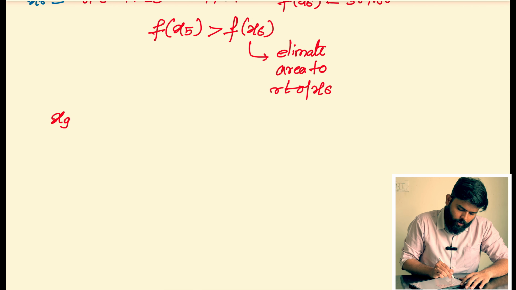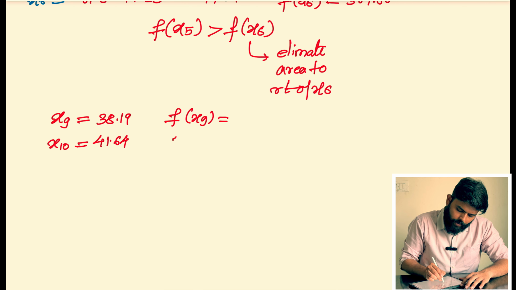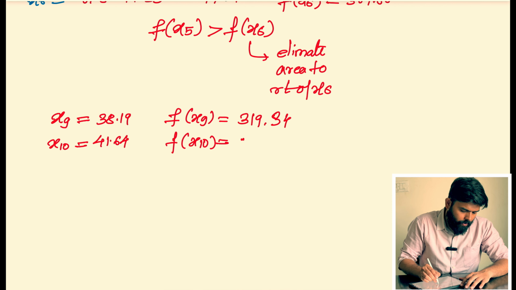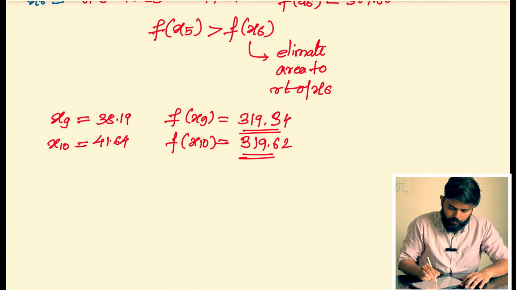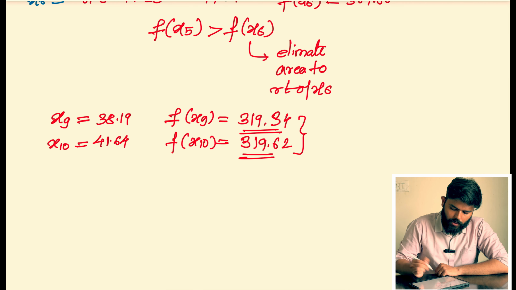The value of x9 that we are getting is 38.19, and the value of x10 is 41.64. Therefore, f of x9 and f of x10 will be 319.34 and 319.62. Now see, the values of these two functions are almost the same. So we can stop at iteration number 5.